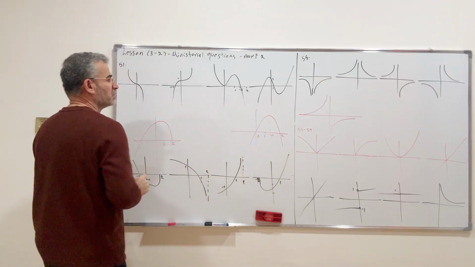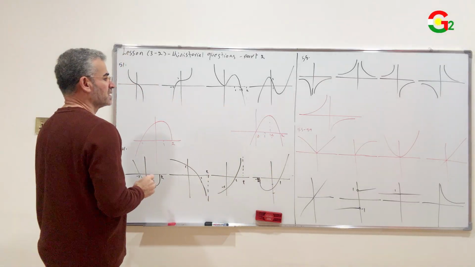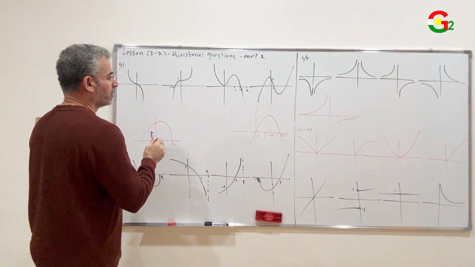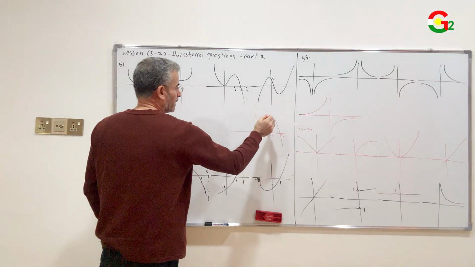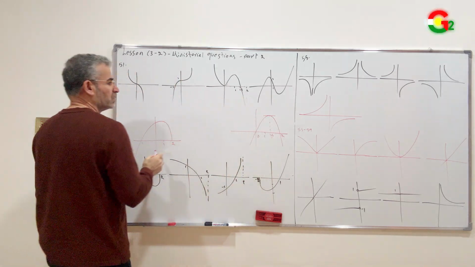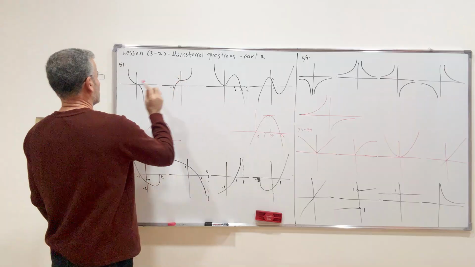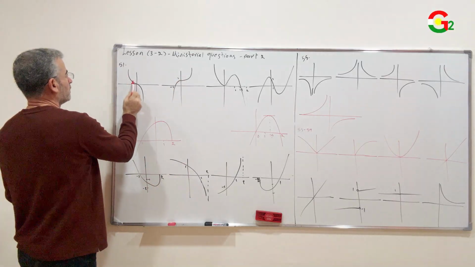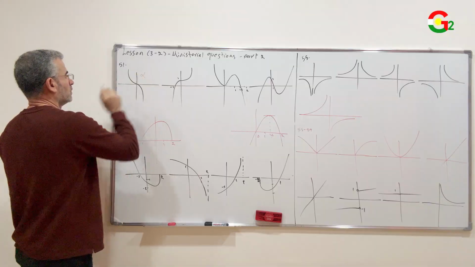Then the derivative should be over the x-axis from negative infinity to 1.5. At 1.5, there is a horizontal tangent line, so the derivative should intersect the x-axis. Here, the graph is over the x-axis from negative infinity to 0.